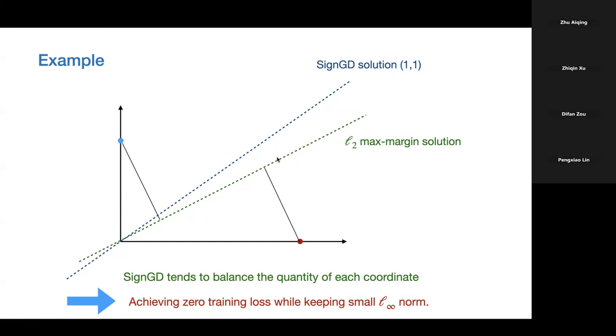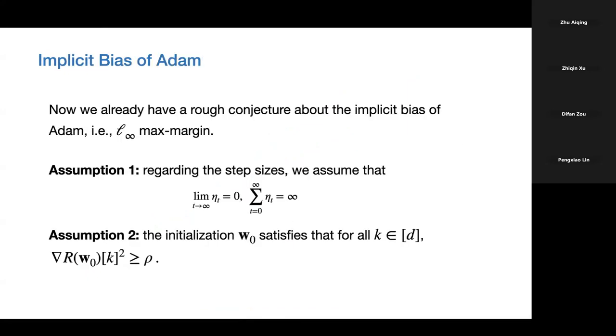So in this case, we can already identify that Adam will never converge to the L2 max margin solution. Sign gradient descent is likely to keep a small L infinity norm, because it wants to make all the coordinates have the same value. So finally, it tries to reduce the L infinity norm.